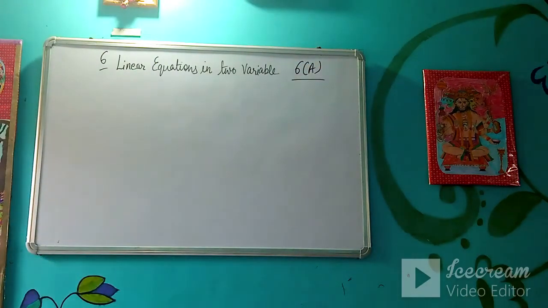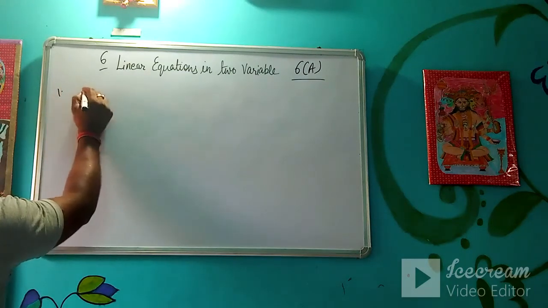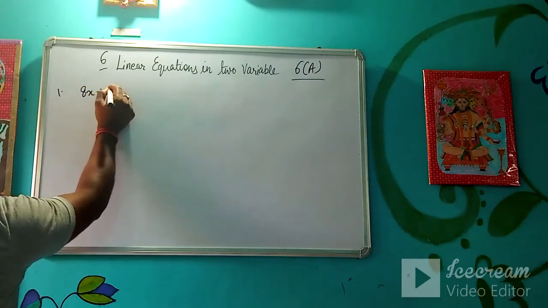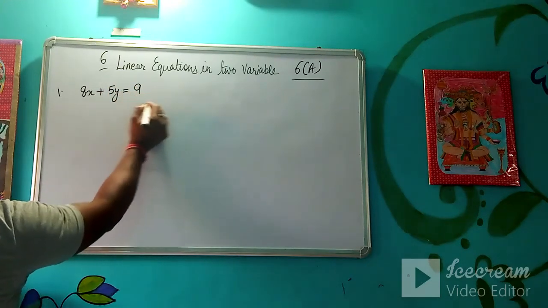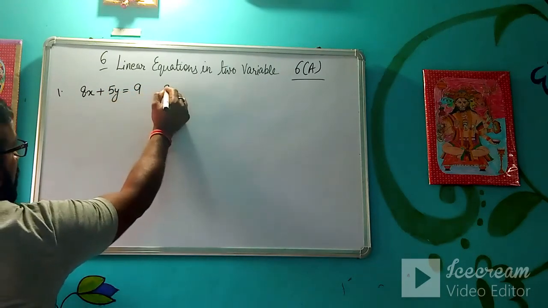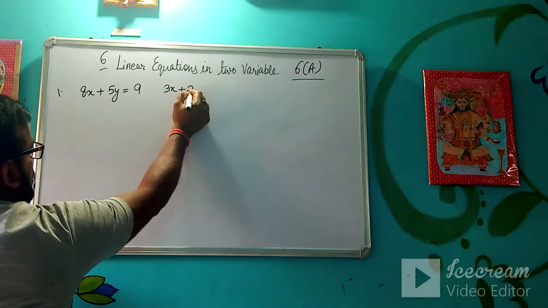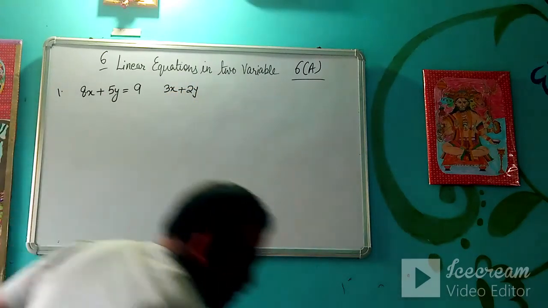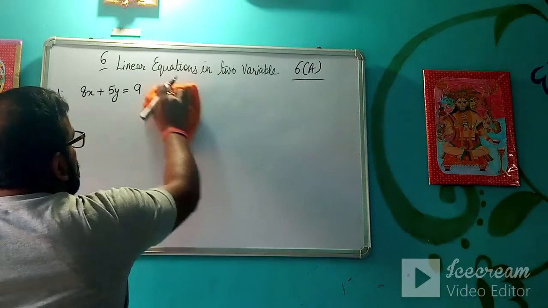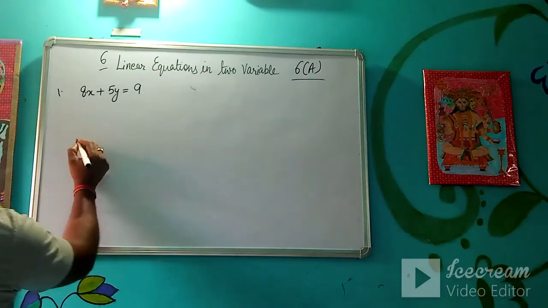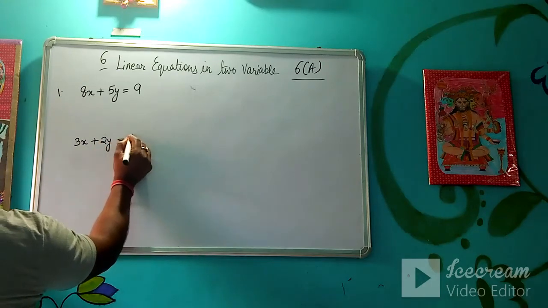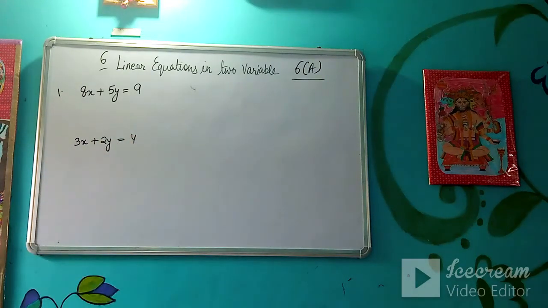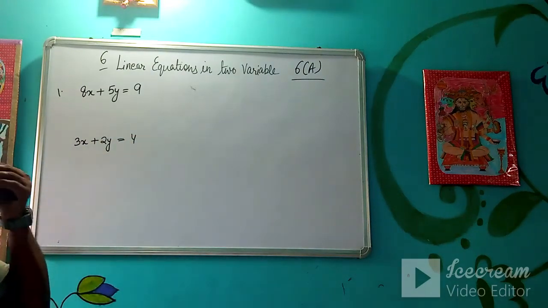Suppose the very first question is 8x plus 5y is equal to 9 and 3x plus 2y is equal to 4. So how do we use the substitution method?